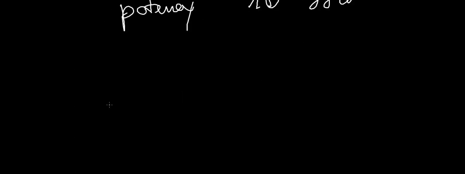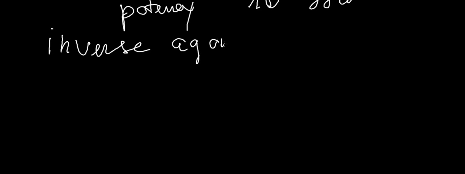And the final definition here is the inverse agonist. This is a bit more complicated. So what is an inverse agonist? An inverse agonist is defined as a molecule that stabilizes the constitutive activity of a receptor.